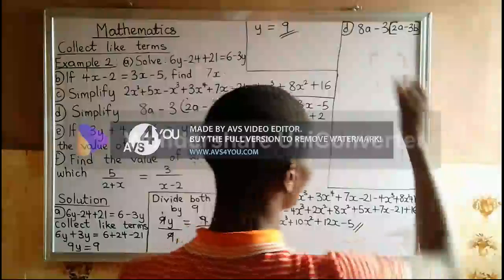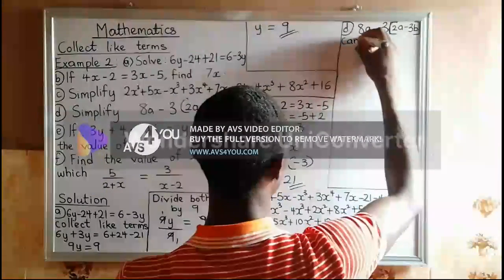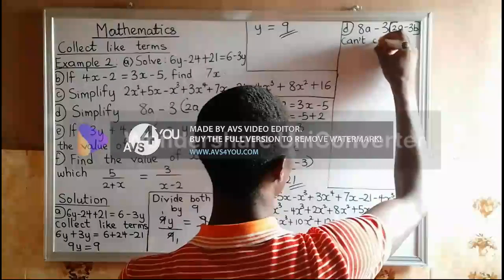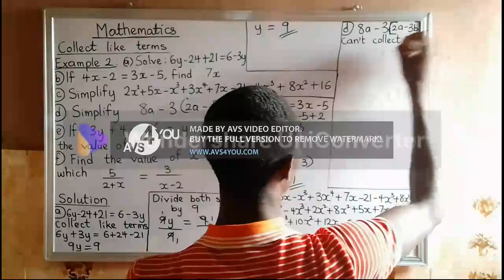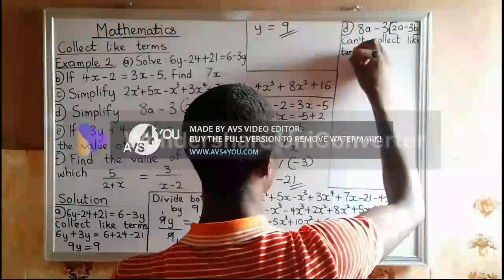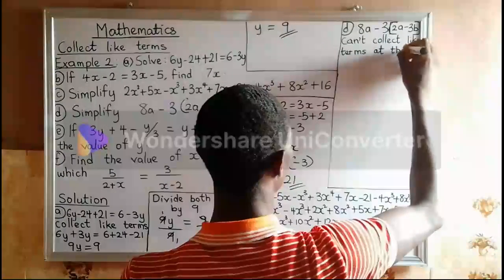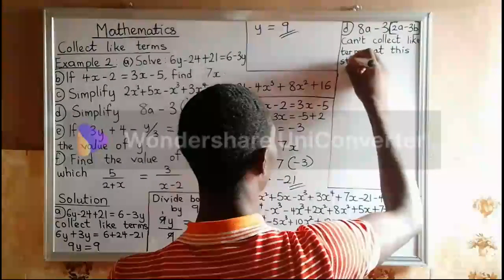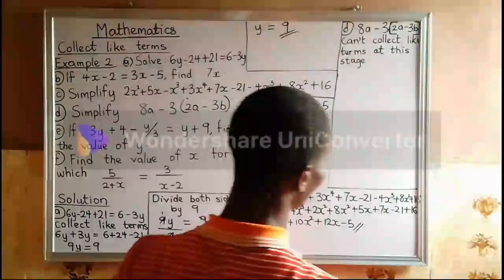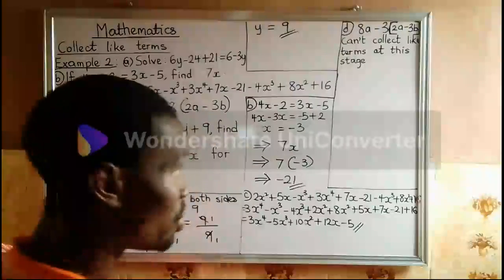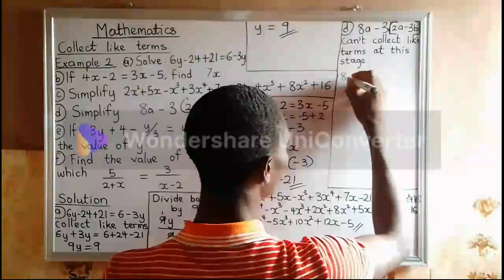So that one is settled, but there are still brackets. So you can't collect like terms at this stage or level. So as I said, the right thing to do here is you open the bracket. So we have 8a.